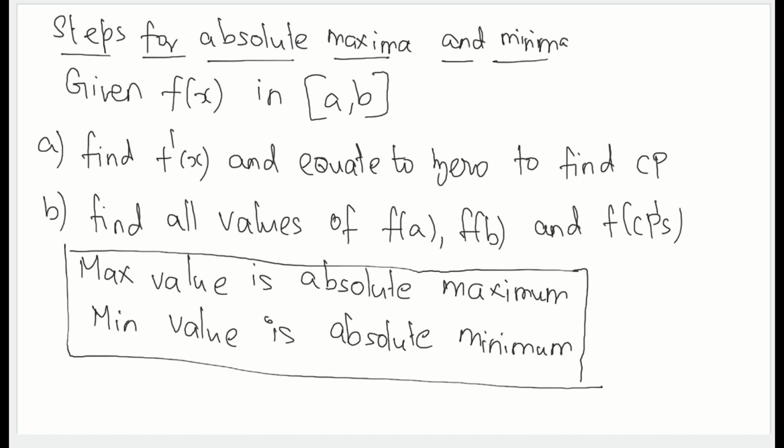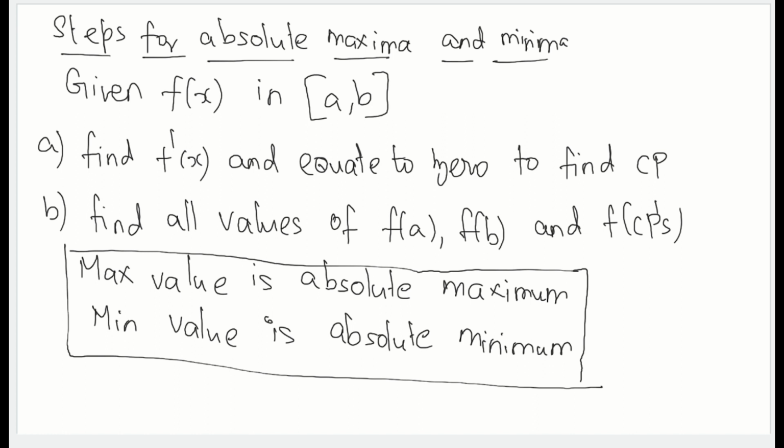The maximum of those values will give you the absolute maxima, and the minimum of those values will be your absolute minima. So this is a simple procedure. There is no complication like double differentiation, and those tricks are not required here. Just differentiate f dash x, equate it to 0, find CP, and then find the values of f of a, f of b and f of CPs. The maximum value gives you the absolute maximum, the minimum value gives you the absolute minimum. So these are the steps.